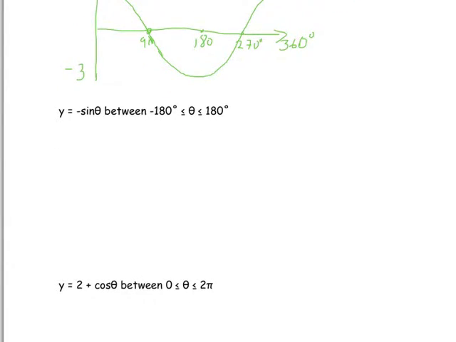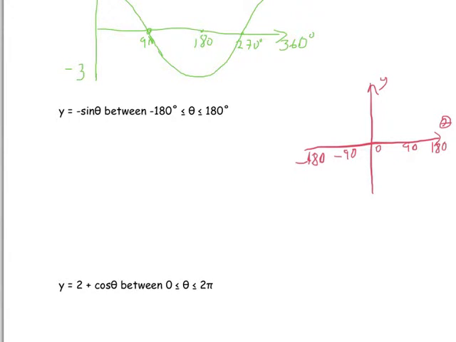This time we're going to do y equals minus sine theta between -180 and 180 degrees. So yet again, a good idea to sketch the graph that you're looking at. So y, and here's your x or theta. It's going to be between -180, -90, 0, 90 and 180.